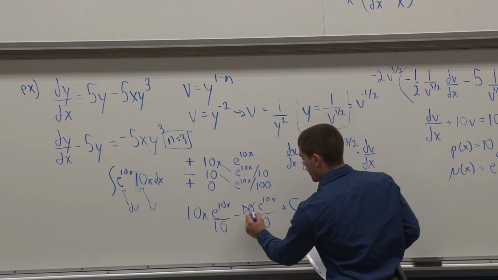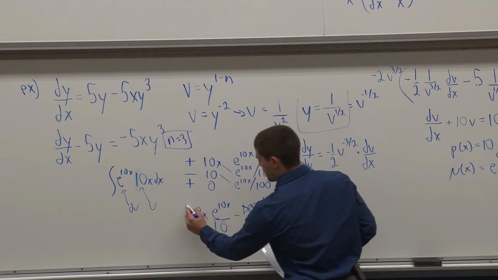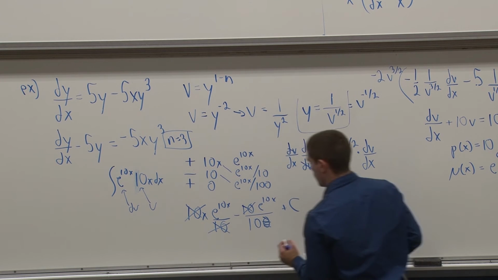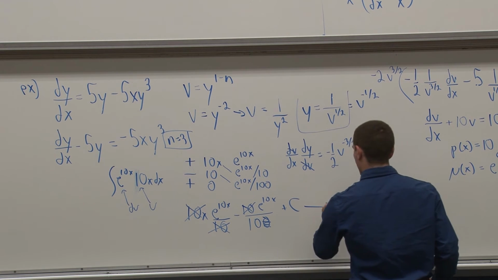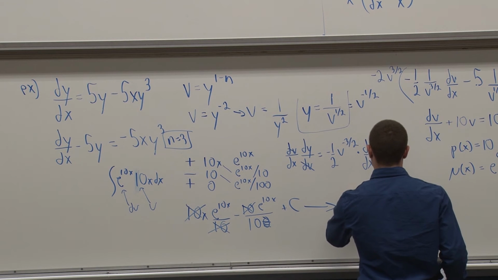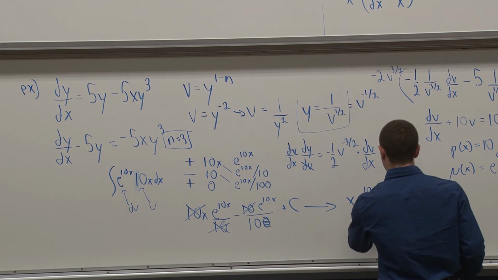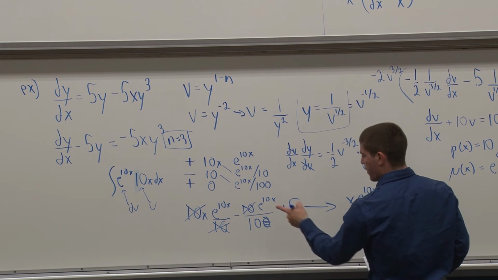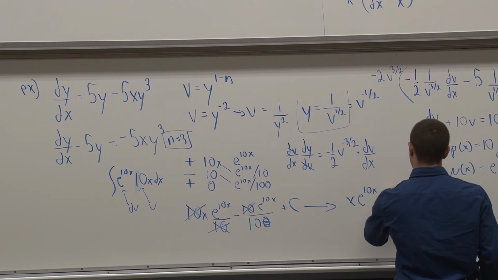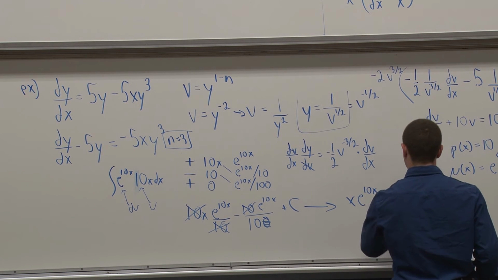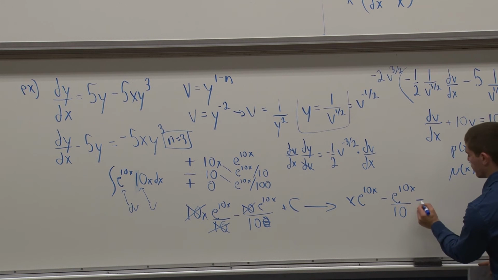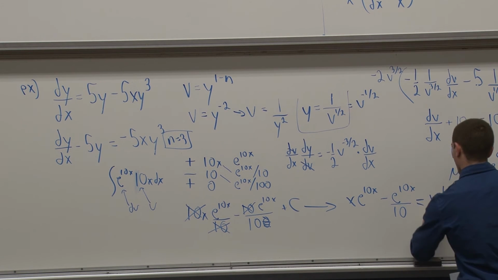So this 10 cancels out, this 10 cancels out, this 10 cancels out. So we end up with x times e to the 10x minus, what do we have left? E to the 10x over 10. Okay, so this is going to equal v.